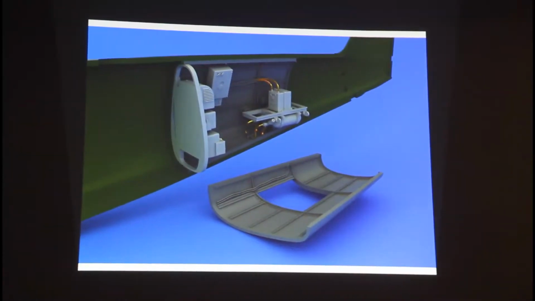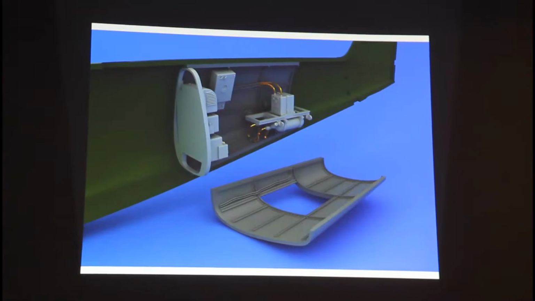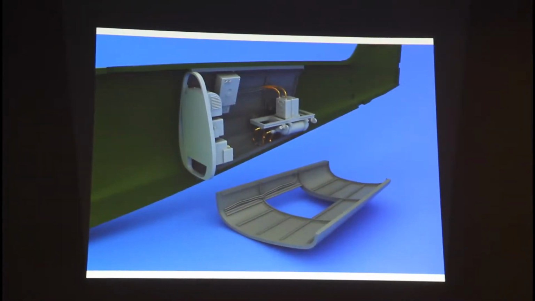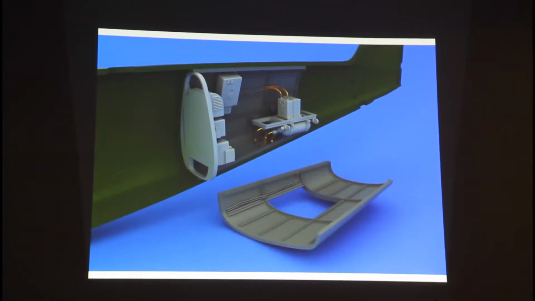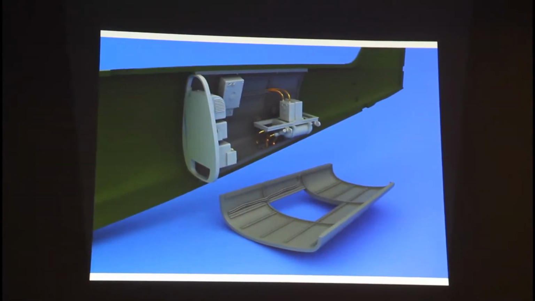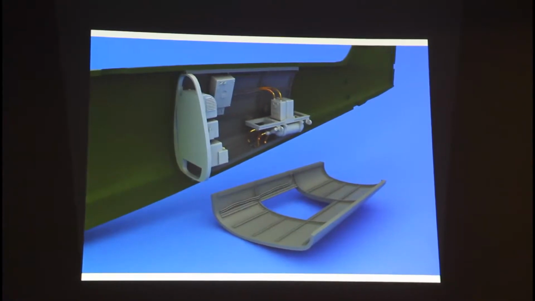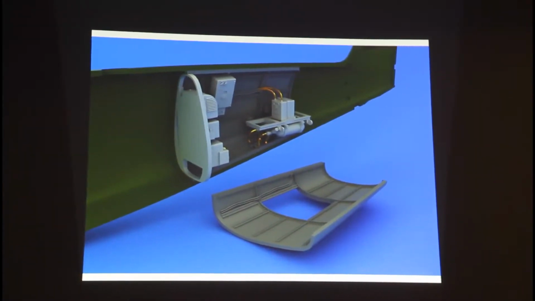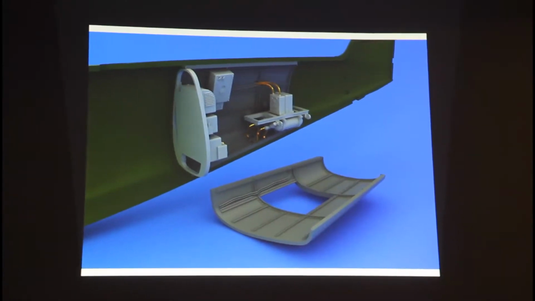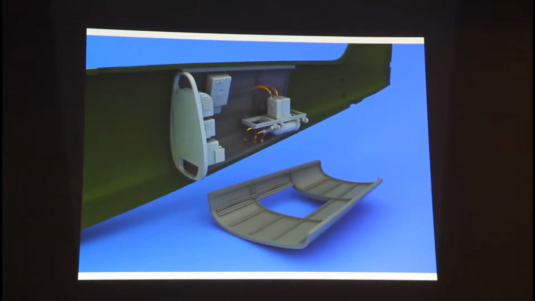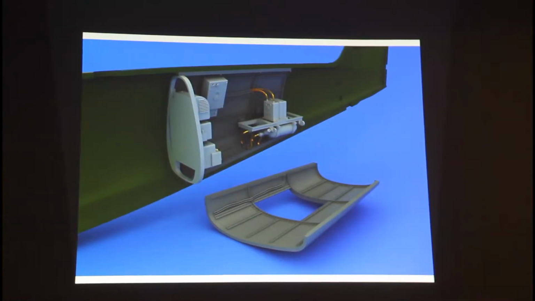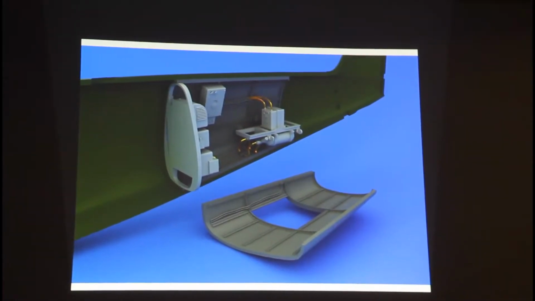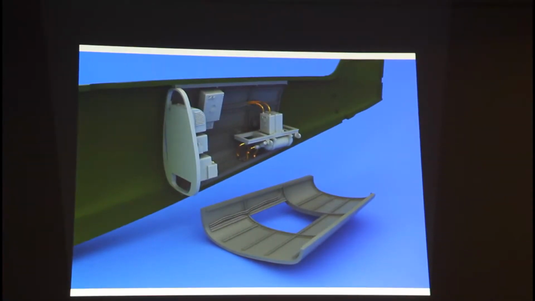Again, this picture shows that the design of the plastic parts can be used for the design of the resin parts, because this is a radio equipment for Spitfire, and it was created or designed by Mr. Lebel.